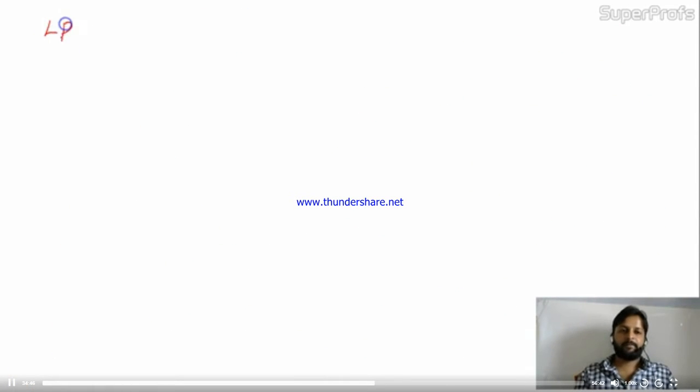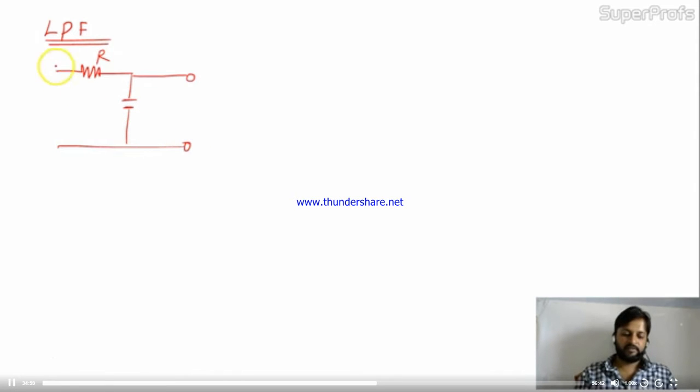So for the LPF first we'll see. For the LPF the diagram is, this is the low pass filter, R given over here, capacitor is connected over here. The circuit is like this. This is the low pass filter and we have seen the characteristics graph already. Okay.